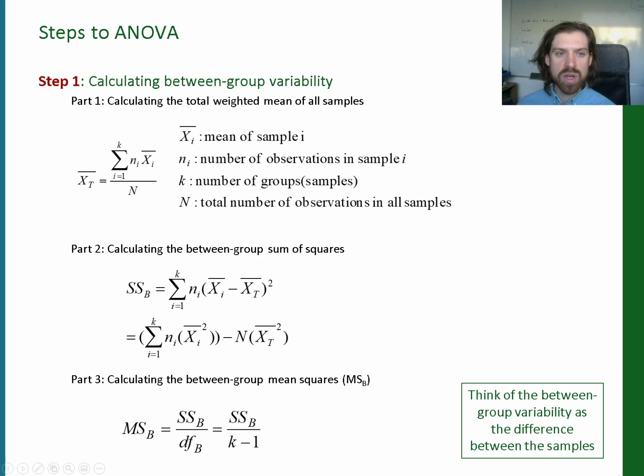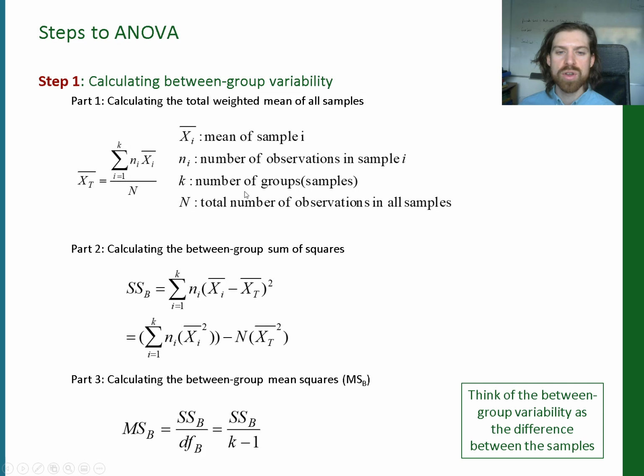So how do we do those actual calculations? For step 1, we want to calculate the between group variability. In part 1, we need to obtain the total weighted mean of all samples. We have the mean of each of the samples, x bar i here. We have the number of observations in each of the samples, for sample 1, sample 2, sample 3.